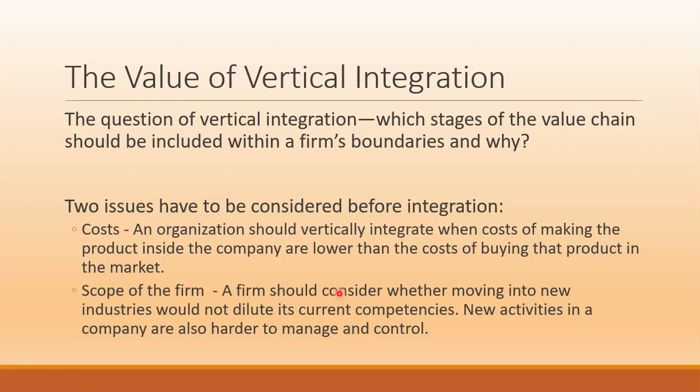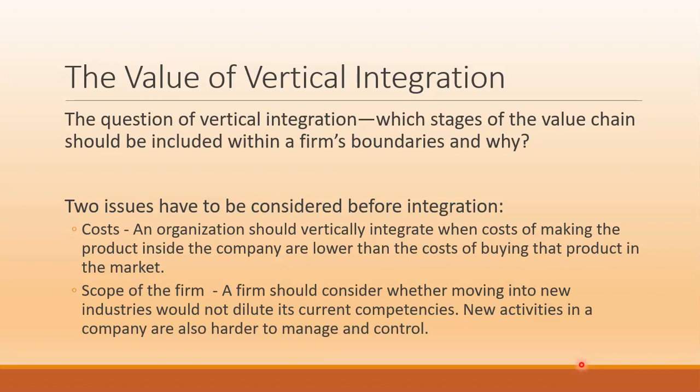The other issue to be considered is the scope of the firm. A firm should consider whether moving into new industries would dilute its current competencies. New activities in a company are also harder to manage and control.